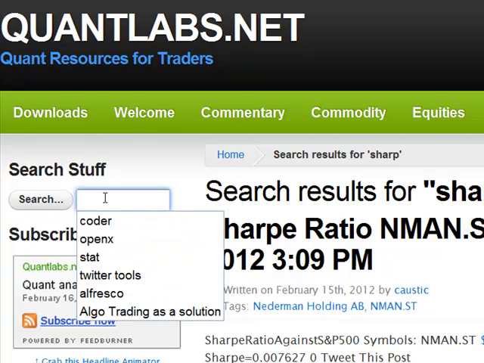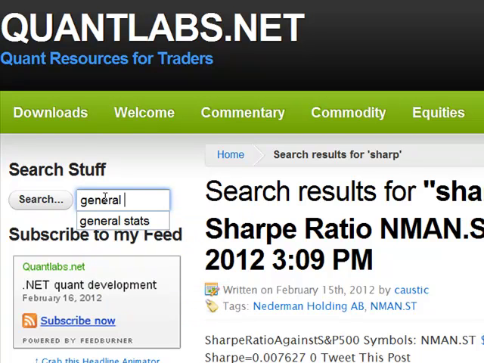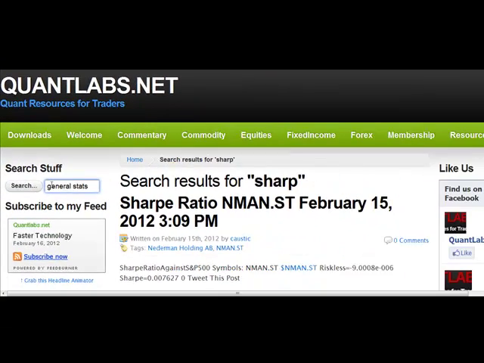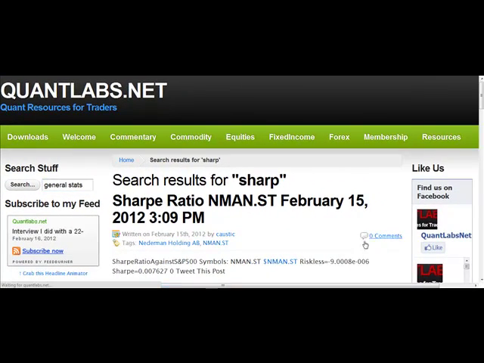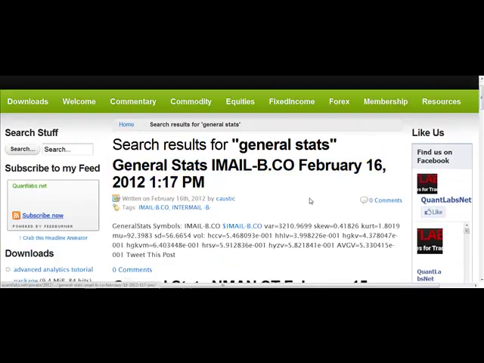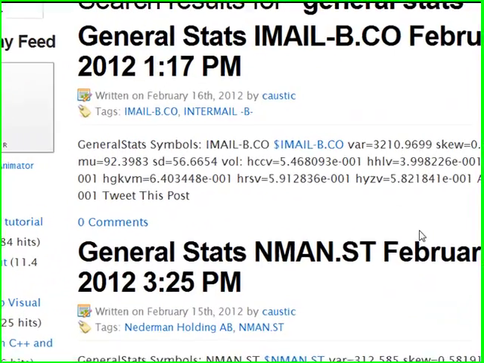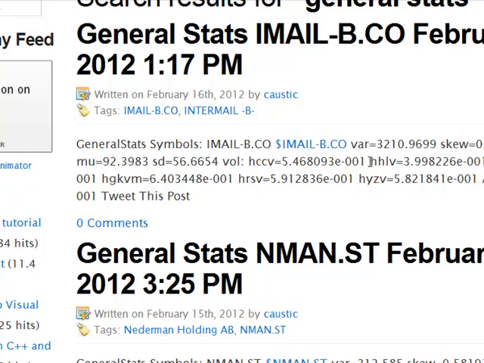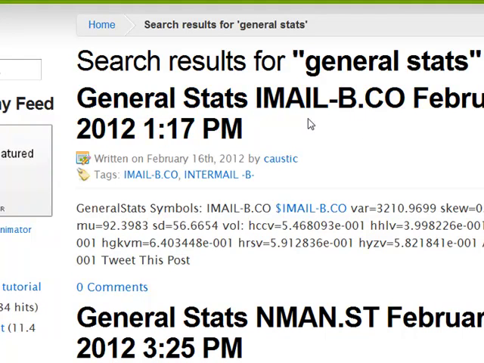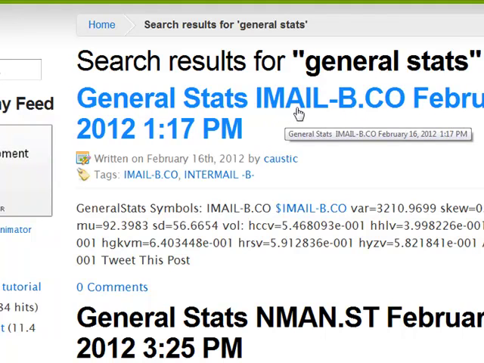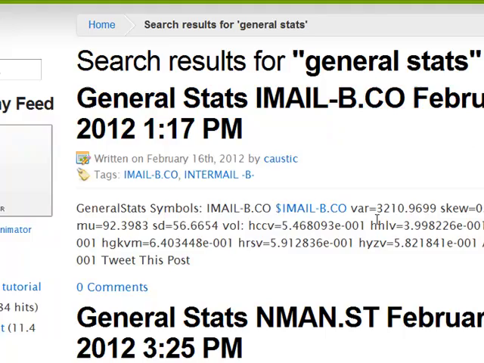Another important model is something called general stats, which I'm going to show you right now. The general stats is quite useful for people that are more into analyzing curves. In this case, we have this one called imail-b.co as an equity.